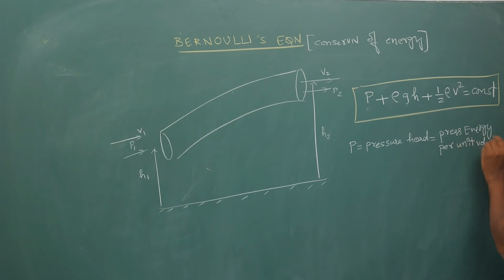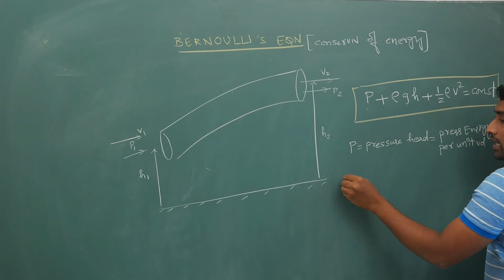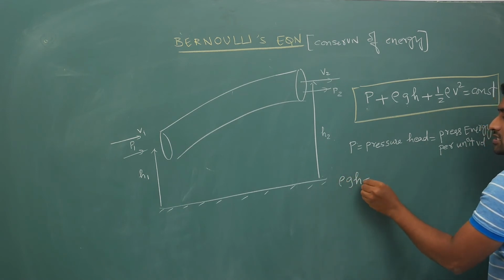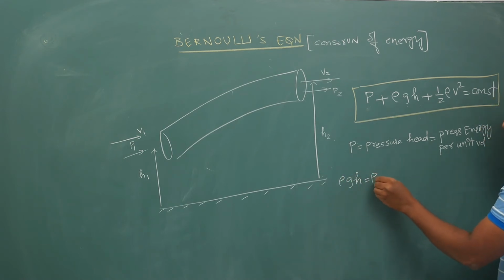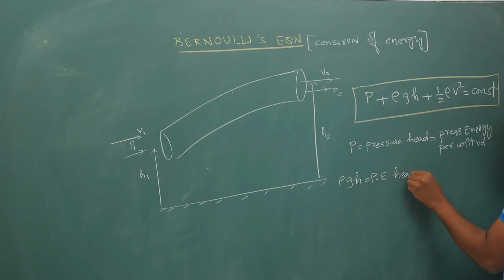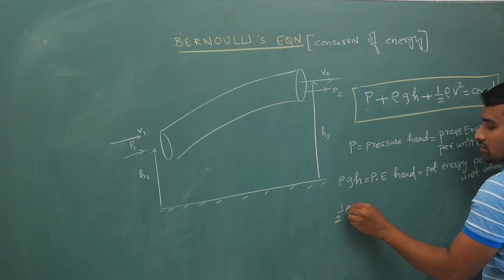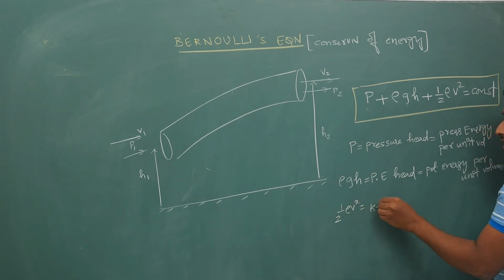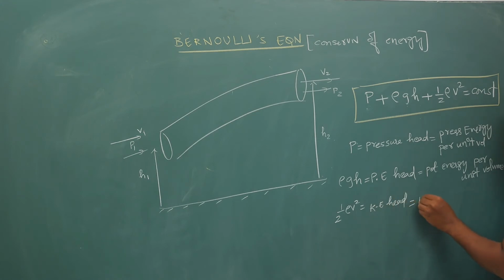Don't worry, I will derive each term. And rho g h is potential energy head, or potential energy per unit volume. Next, half rho v square is called kinetic energy head, or kinetic energy per unit volume.